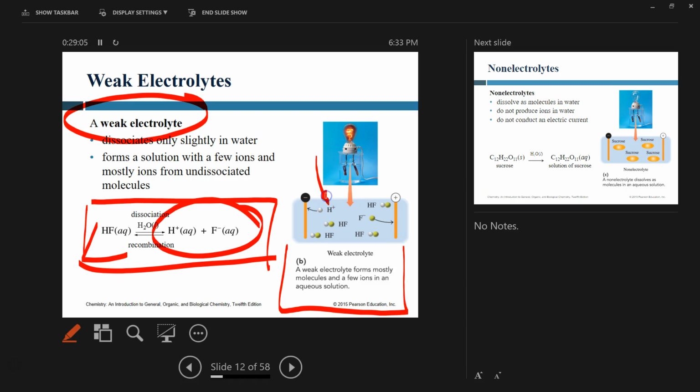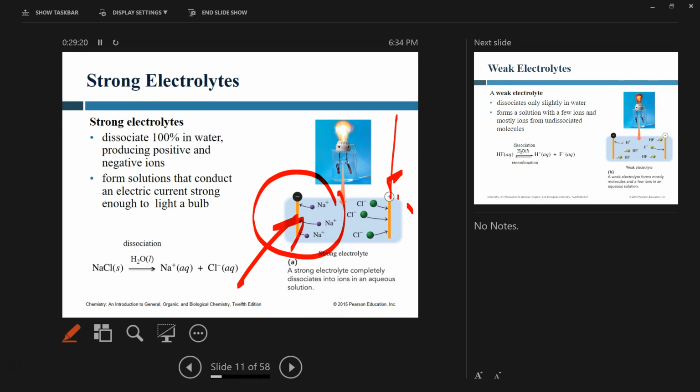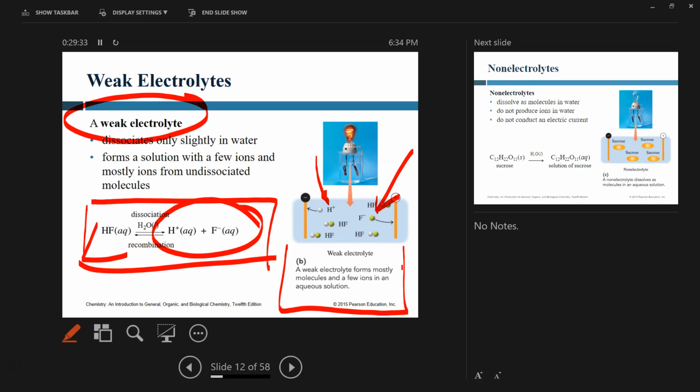There are some cations, some anions. These charged particles will enable you to have the electrical current through the solution. But by sheer numbers, they won't be comparable to what we see in case of a strong electrolyte. Strong electrolyte produces much more ions to conduct electricity. Does that make sense? Weak electrolyte produces much fewer ions to conduct electricity. Understood?